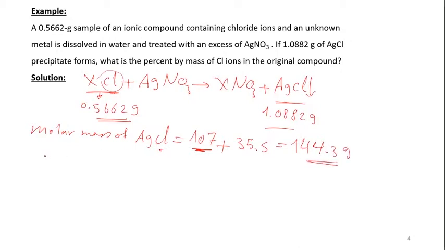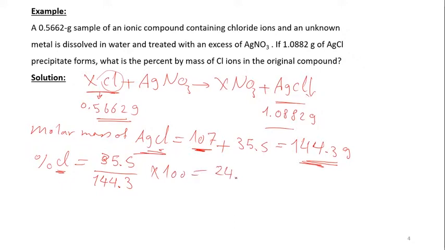Now I can calculate the theoretical percent of chloride ions in the silver chloride, which would be equal to 35.5, the atomic mass of chloride ions, divided by the total mass of the silver chloride, multiplied by 100. This is equal to 24.7%.